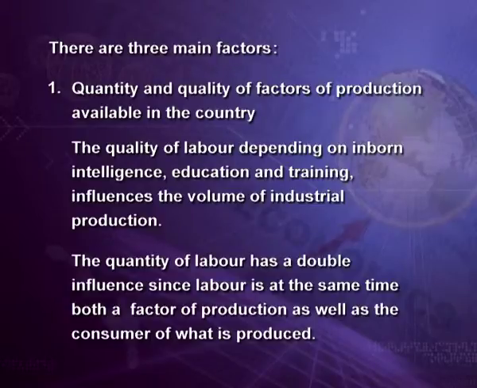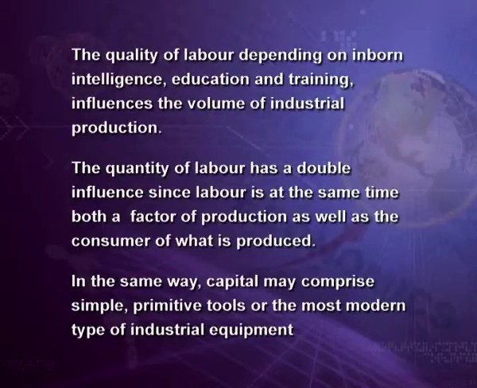Also, the quantity of labor has a double influence since labor is at the same time both a factor of production as well as the consumer of what is produced. In the same way, capital may comprise simple, primitive tools or the most modern type of industrial equipment.